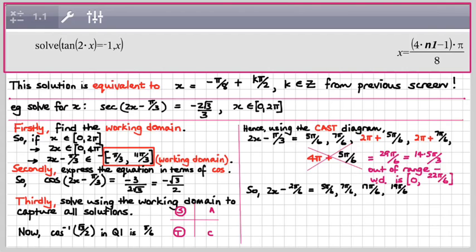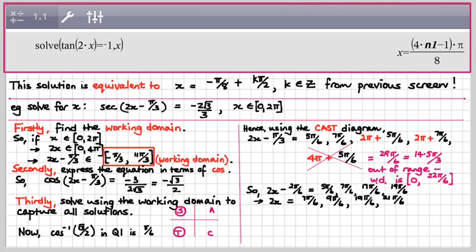So therefore 2x minus pi on 3. Oh yes, I've put it all over 6, to make it easier to do the next step. Pi on 3 is 2 pi on 6, and I've got all these things in terms of 6's, haven't I? So the thing in the bracket is equal to all these angles which I've just produced within my working domain. Now I've just got to solve it for x.